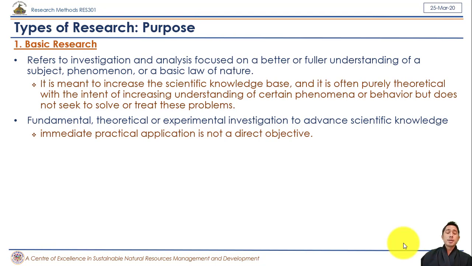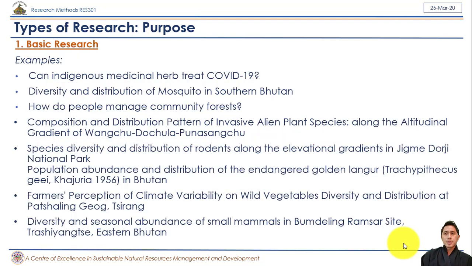Sometimes this basic research is also known by synonyms like fundamental research, pure research. Some of the examples that I got on basic research: indigenous medicinal herbs, though they have got lots of potential, have not been explored for the pandemic COVID-19.